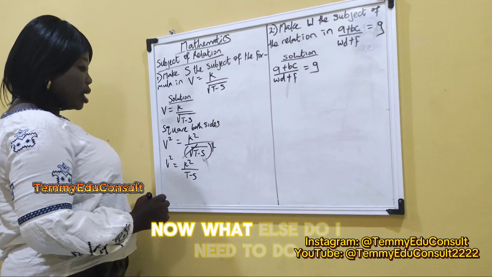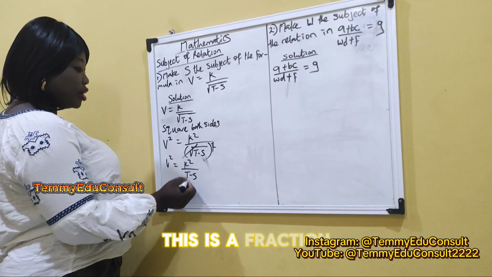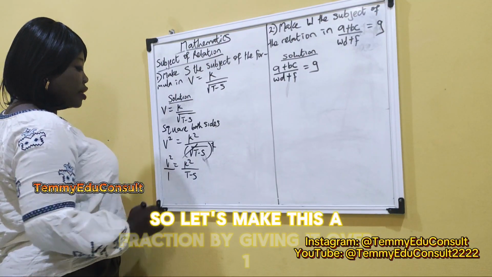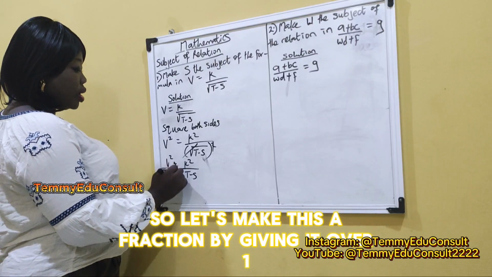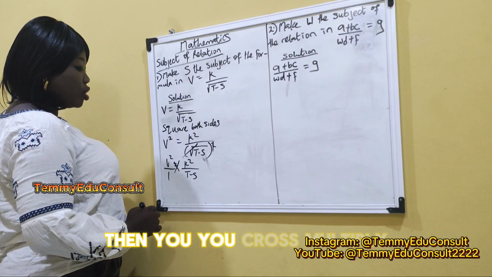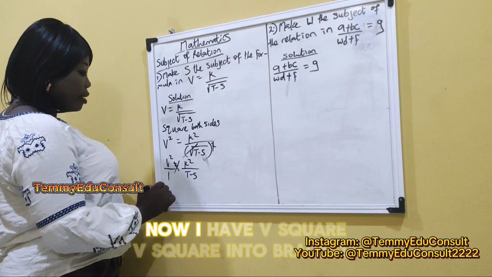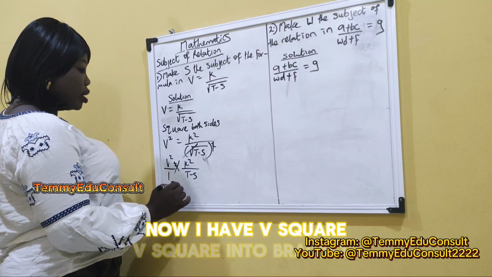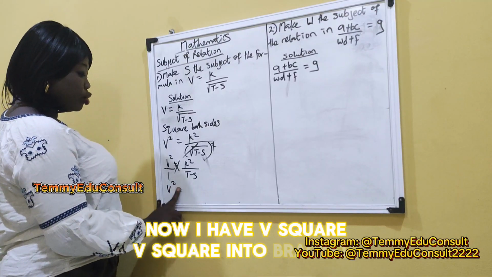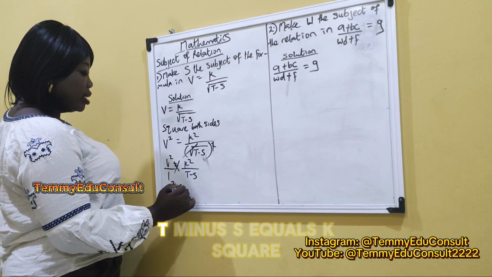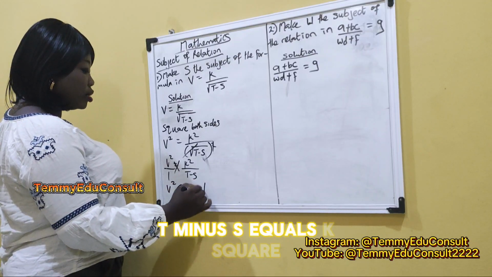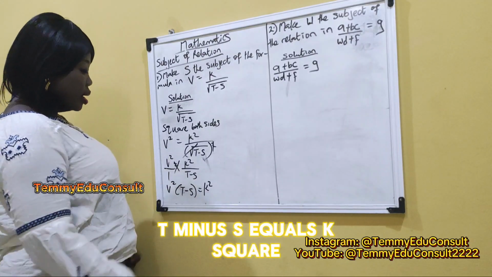Now what else do I need to do? This is a fraction, so let's make this a fraction by giving it over 1. Then you cross multiply. Now I have v squared into brackets t minus x equals k squared.